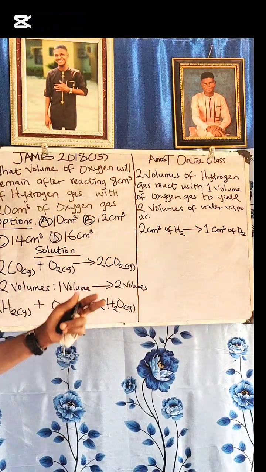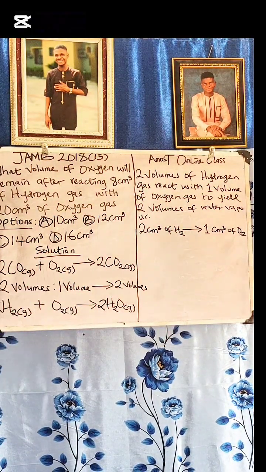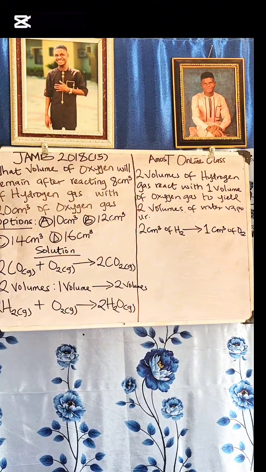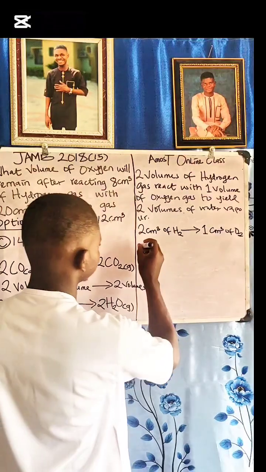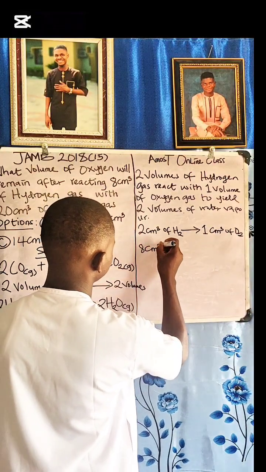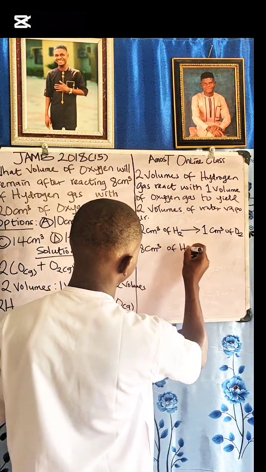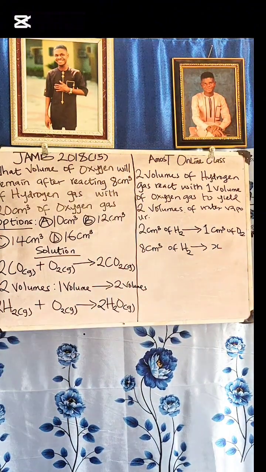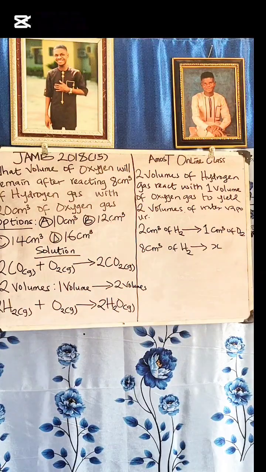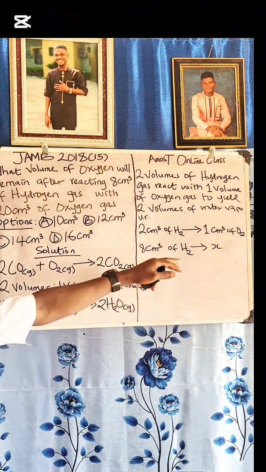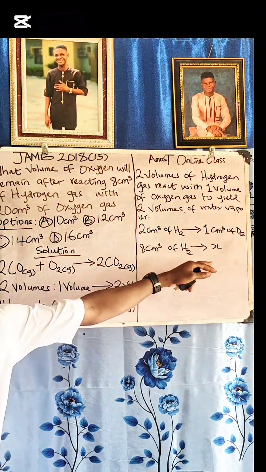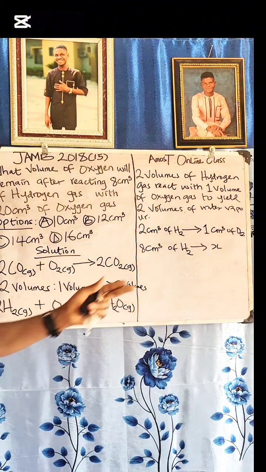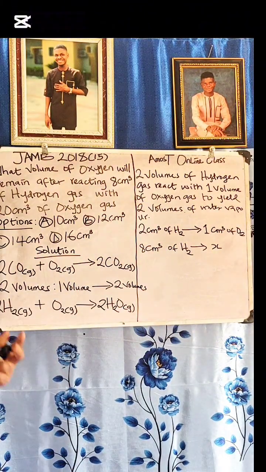So let's find the cubic cm of oxygen gas that will be used up. If 2 cubic cm of hydrogen gas react with 1 cubic cm of oxygen gas, 8 cubic cm of hydrogen gas will react with an unknown volume of oxygen gas. We don't know the volume yet, so let's call it X. So how do we find X?